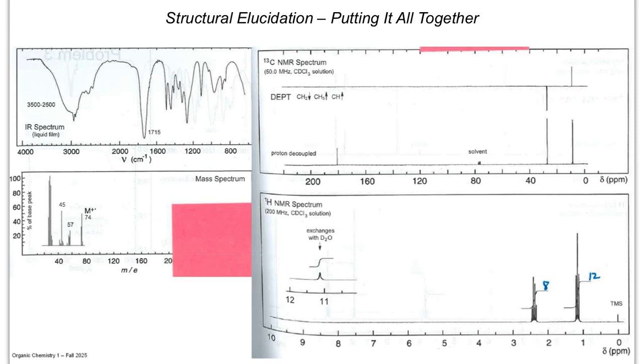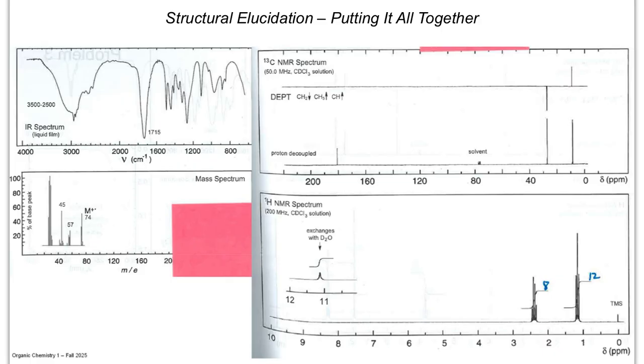I've covered up the molecular formula, so one thing we'll do as we walk through this is figure out what that is, do the degrees of unsaturation, see what functional group that belongs to, and make sure that the carbon and proton NMR align with what we're claiming.